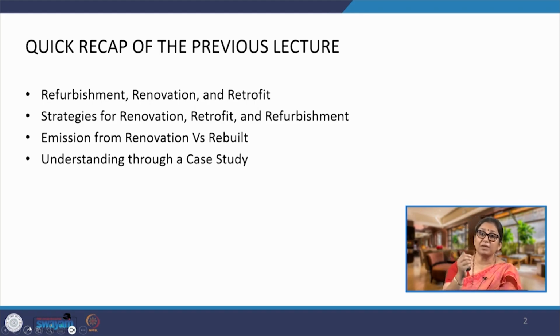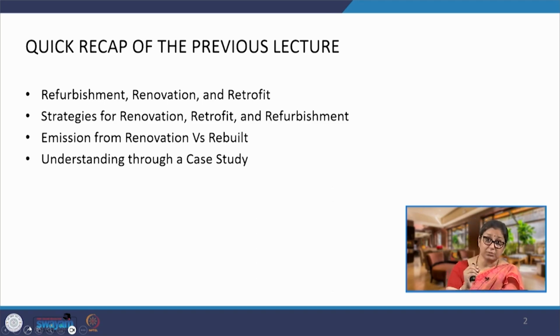Scope 1 will be where we are talking about, say, the refrigerants, the leaks that are happening through the HVAC system, or if there is a direct combustion process for cooking or for some other process. In a lot of the buildings that we will see today, we will find that scope 1 emissions are usually very limited.